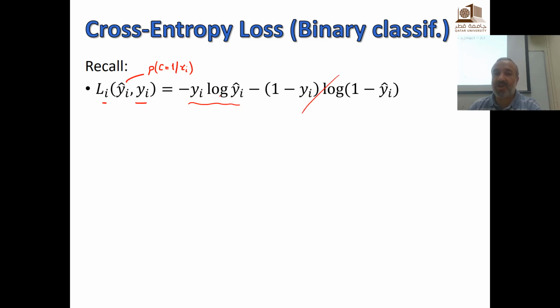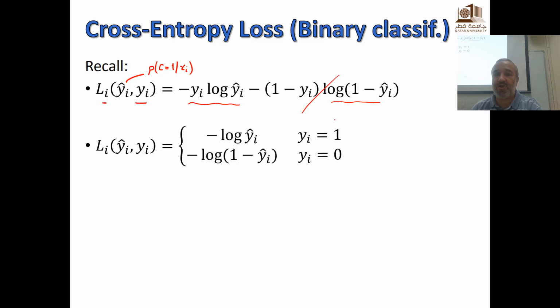So what we will get is just minus log yi hat, which is the predicted probability. If yi is 0, then this one is cancelled, and we will be left with minus log 1 minus y hat. So we can write this loss function this way.